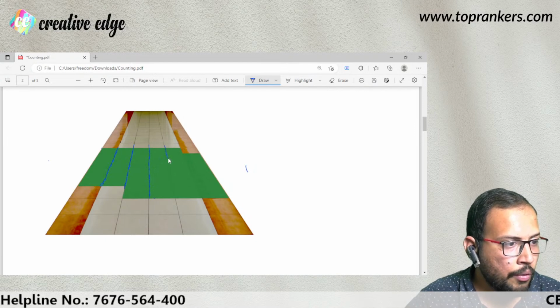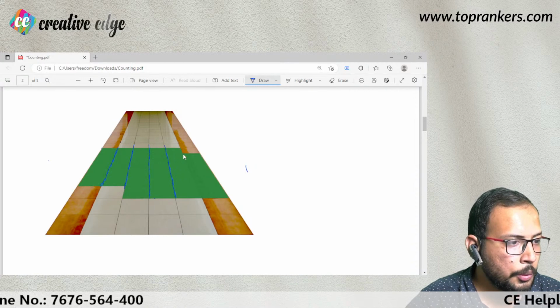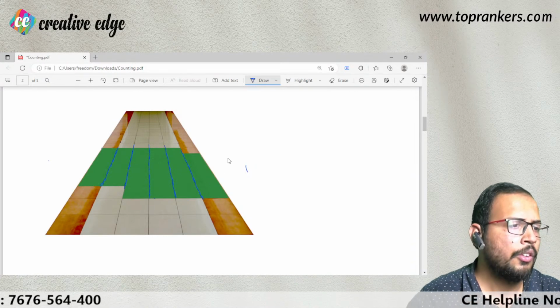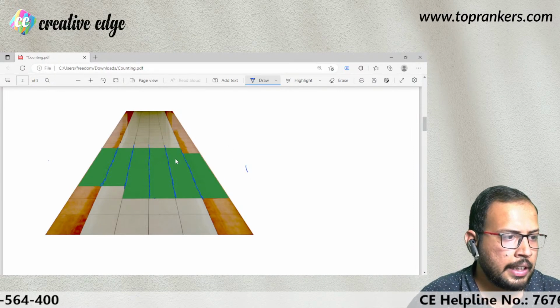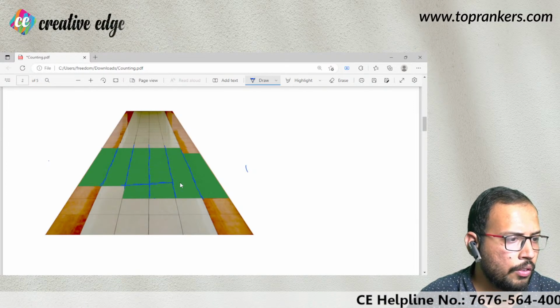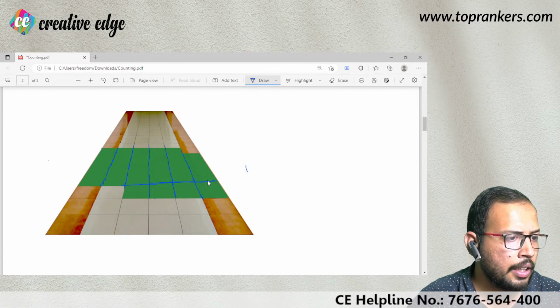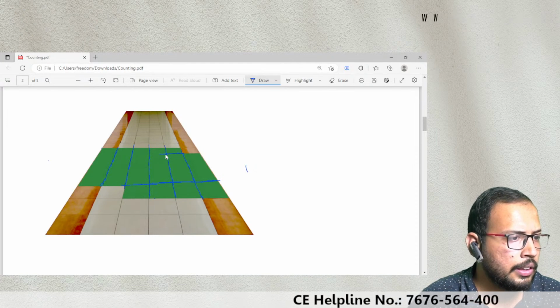This is going to be the fourth line. This is going to be the fifth line. So we have drawn five vertical lines. Now let us draw some horizontal lines, which we are very much sure of. This is one line, and this is going to be my second line.